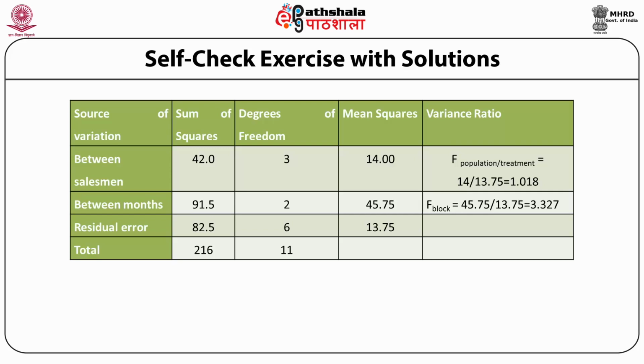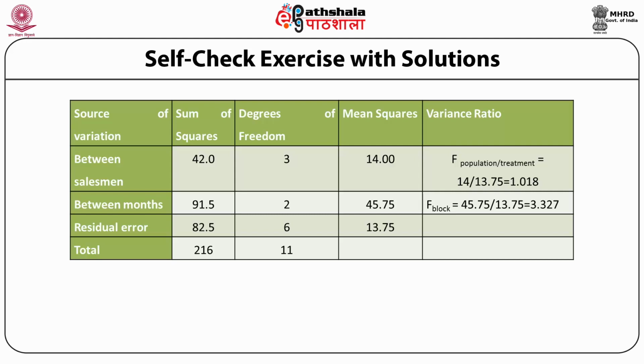How have we got this degrees of freedom 2? That is 3 rows minus 1, that is R minus 1, that is 3 minus 1, which is 2. You can see the above calculated value of MSR, that is 45.75. Then for residual error, we have got 82.5 as the sum of squares and degrees of freedom as 6, so the mean square is 13.75, which we have calculated.